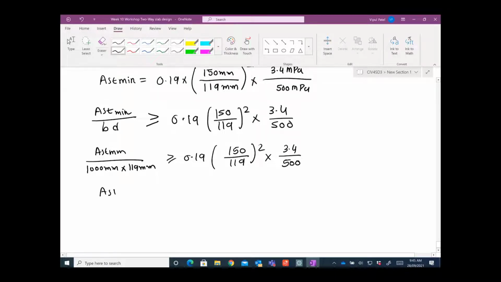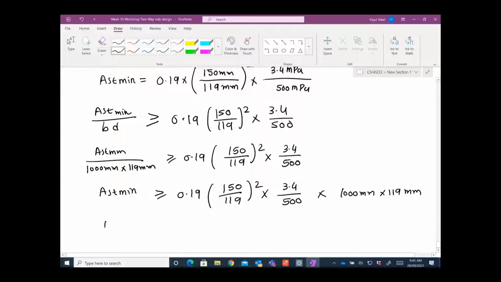So Ast minimum is that times 1000 millimeters times 119 millimeters. Now that makes more sense.